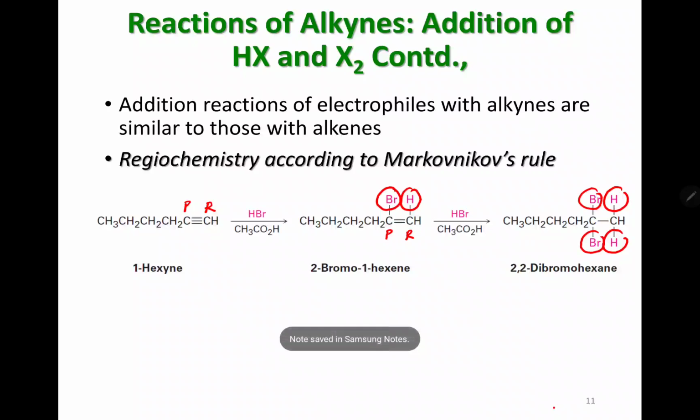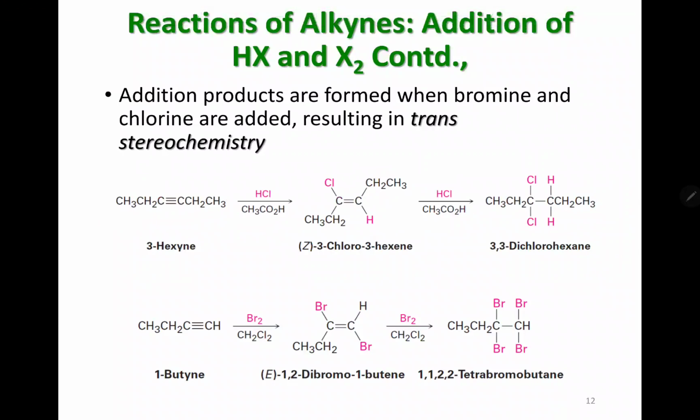So let's talk about the addition of halogens. Basically addition of halogens is very simple because you don't have to worry about the Markovnikov rule. Why? Because both carbons are getting the same halogen, right?